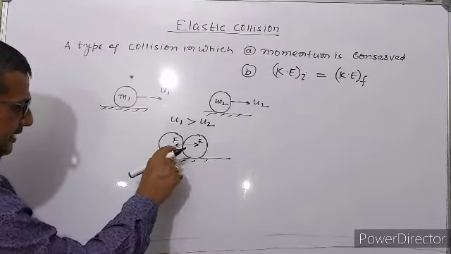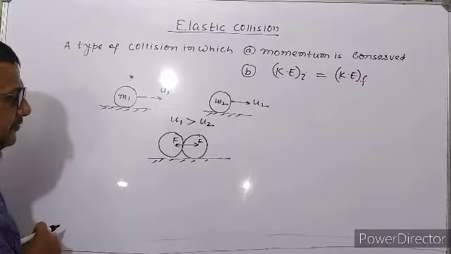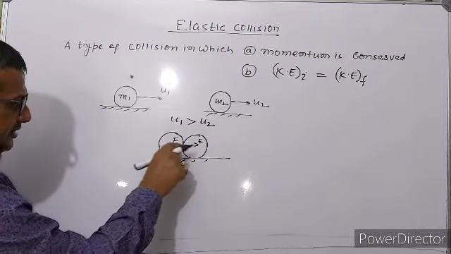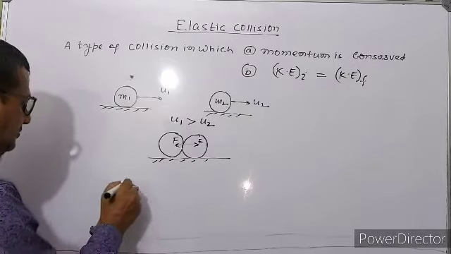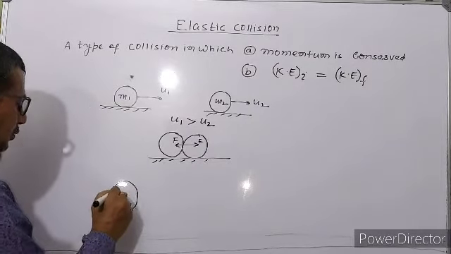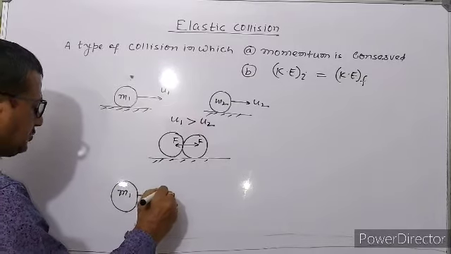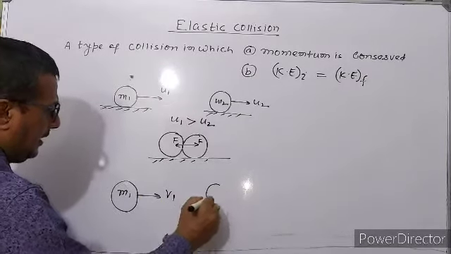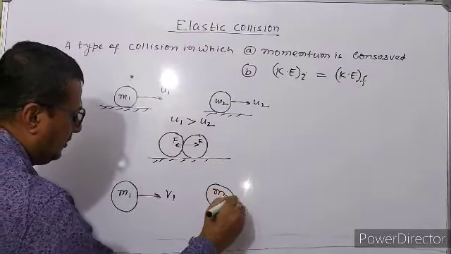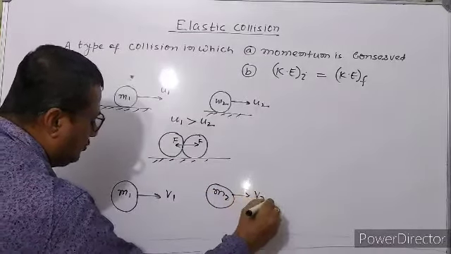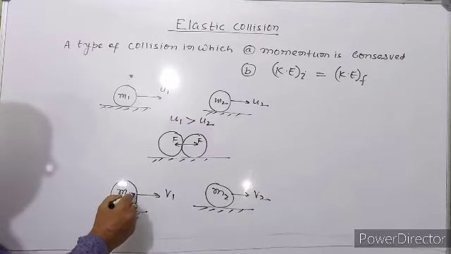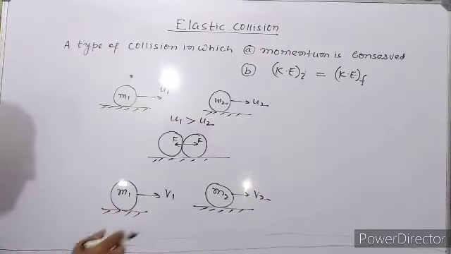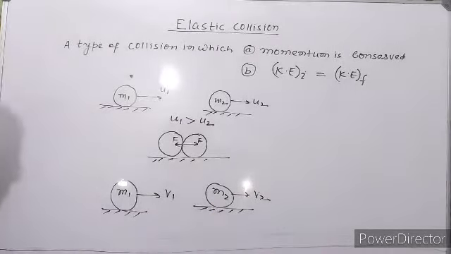We are taking into account only the internal forces that act at the time of collision. So after the collision, body m1 is moving with velocity v1 and another body m2 is moving with velocity v2.